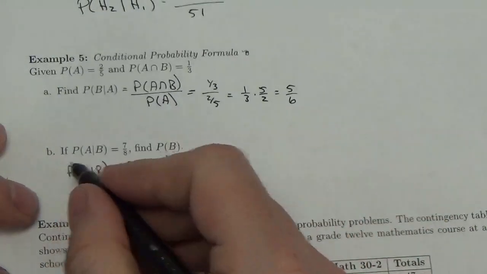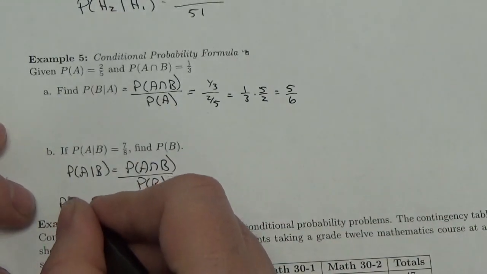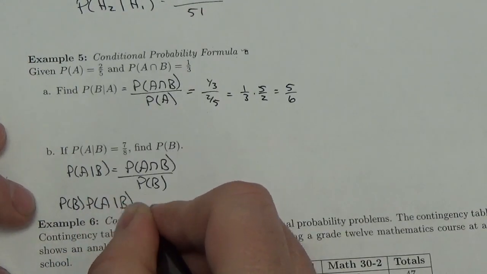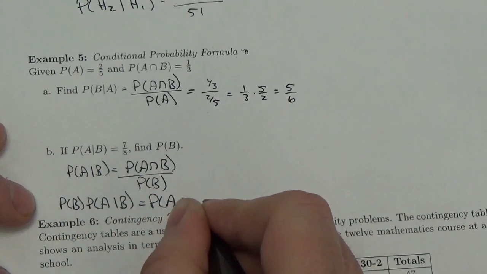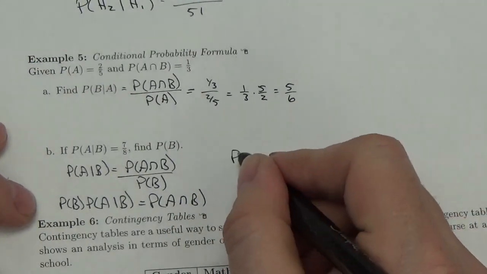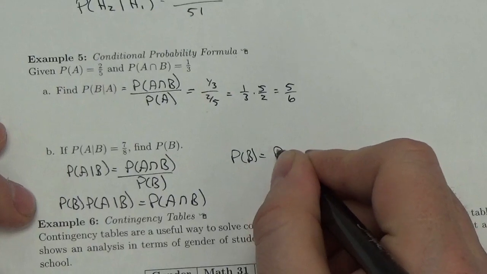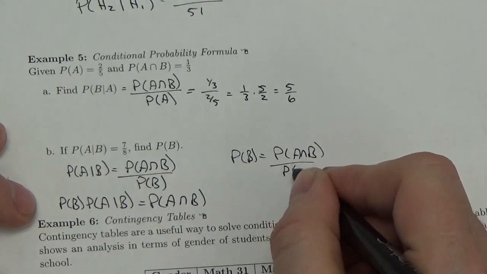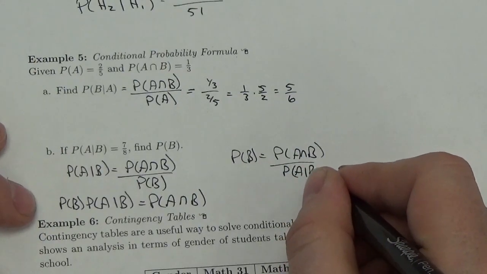So what I'm going to do is multiply through by the probability of B. So it's going to be the probability of B multiplied by the probability of A, given that B has occurred, is the intersection. And now the probability of B is going to be that intersection divided by the conditional probability of A given B has occurred.